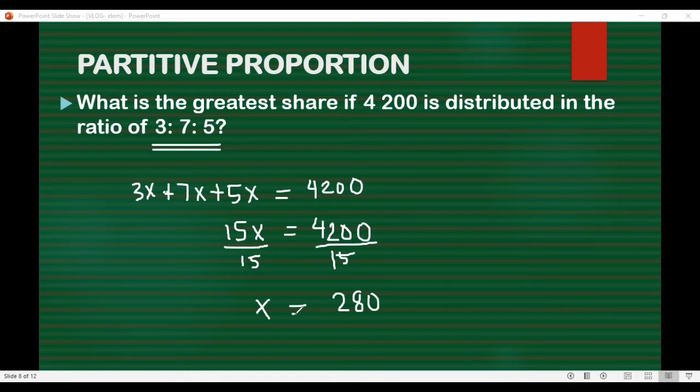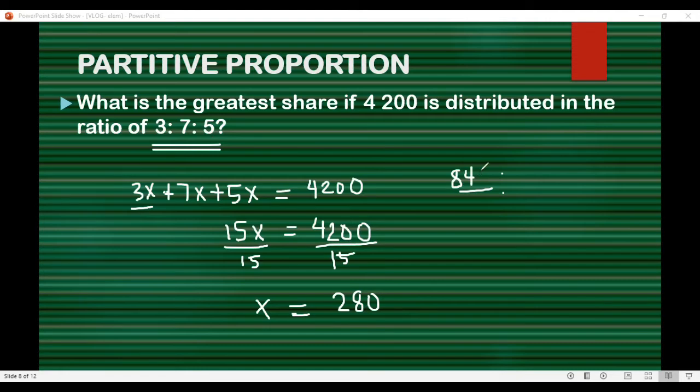Okay, so this is actually now the number that was divided, and we arrive at the lowest term, which is 3 is to 7 is to 5. So that simply means that the original share is 3 times 280, which is equivalent to 840.